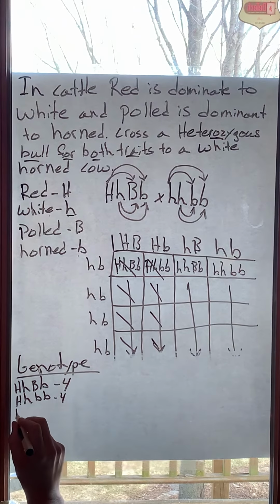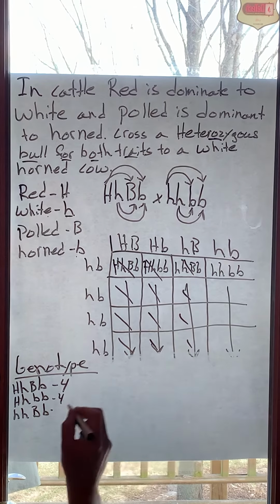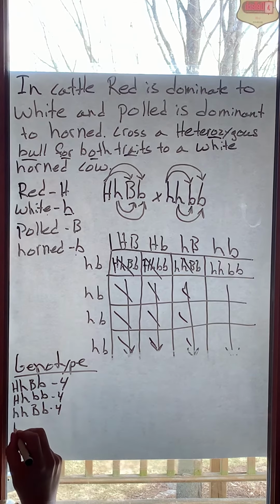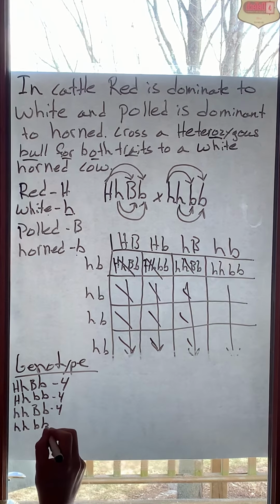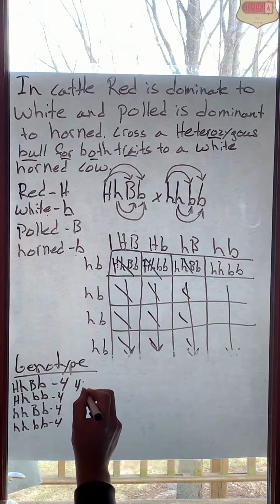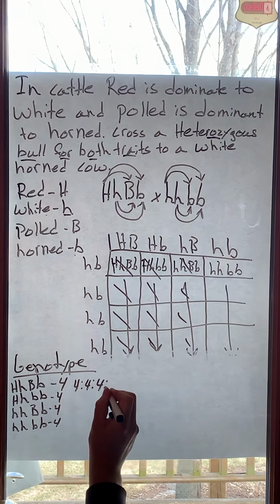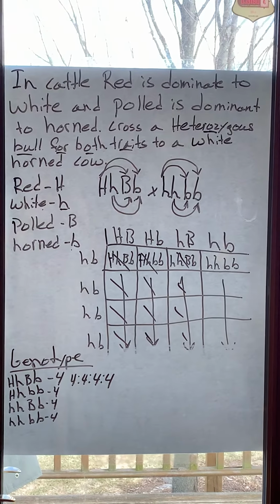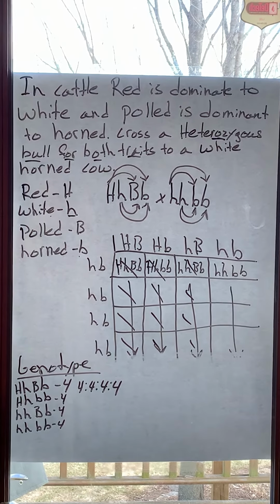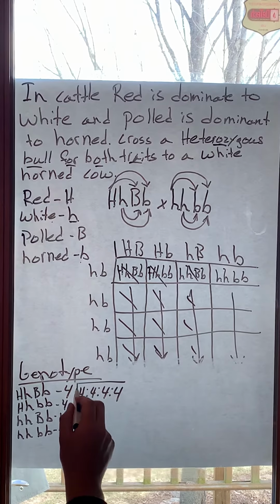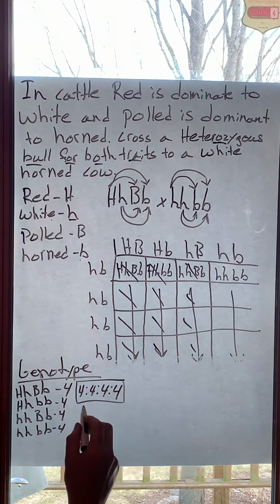Little h, big B, little b, 1, 2, 3, 4. And our last one is all recessive traits. And there's 4 of those. So we have a ratio of 4 to 4 to 4 to 4, or you could reduce that all the way down to 1 to 1 to 1 to 1 is our genotype. That's also saying you have a 4 out of 16 chance for each of those, or a 25% chance of each of these genotypes being expressed.